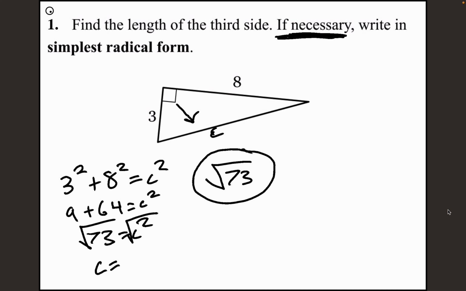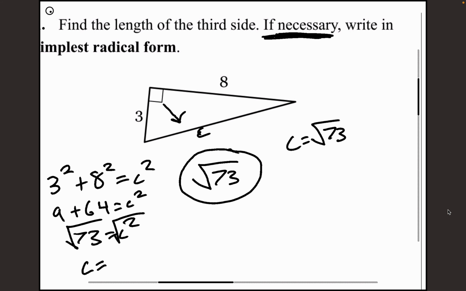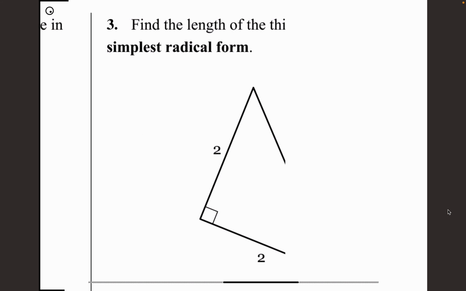So there's our answer. C is going to equal the square root of 73, because that is the simplest radical form. We cannot take anything out, so that is our answer right there. Okay, perfect. And that's just what you would put in the blank in your Delta Math.